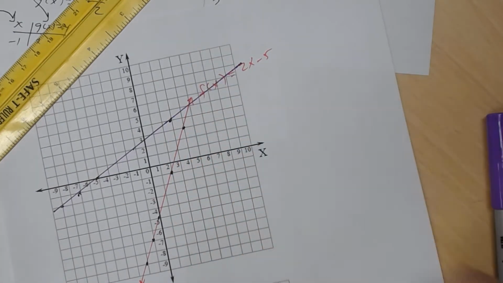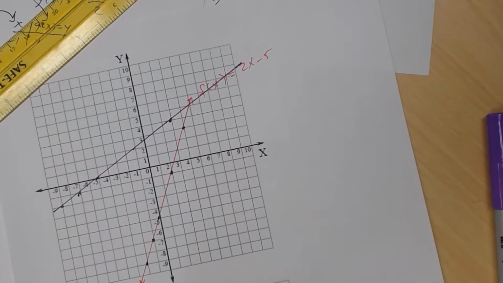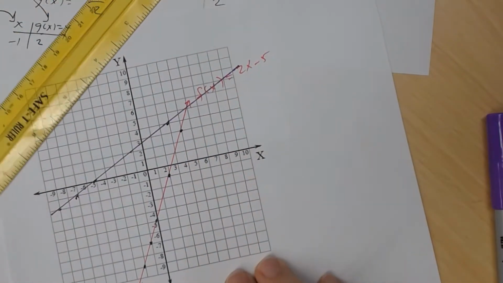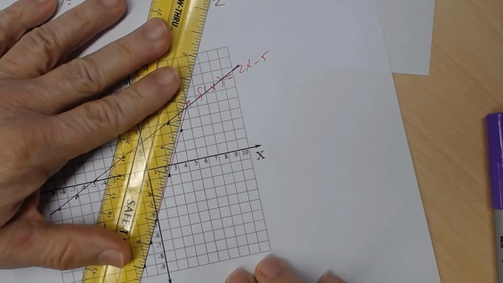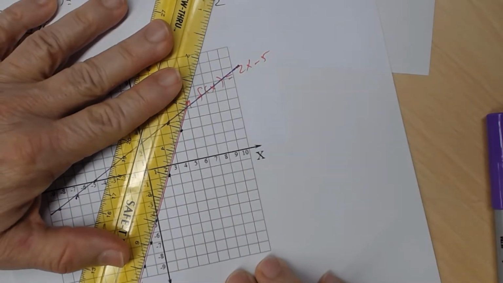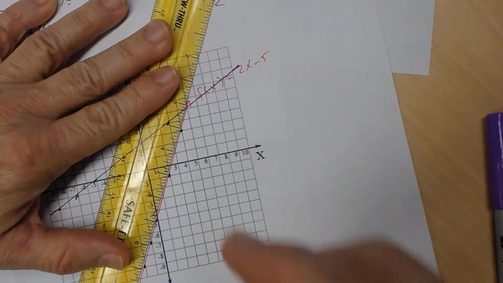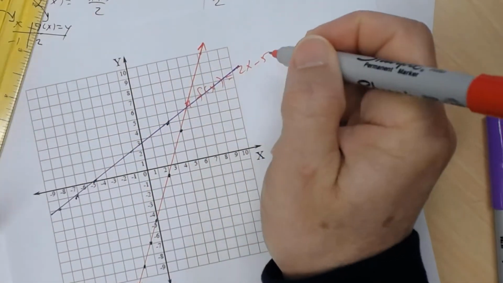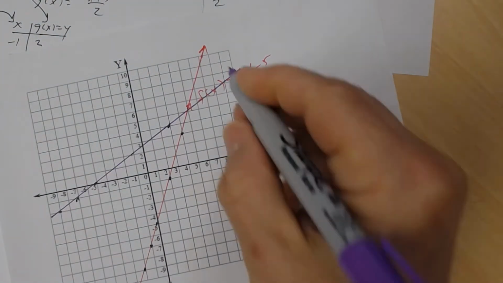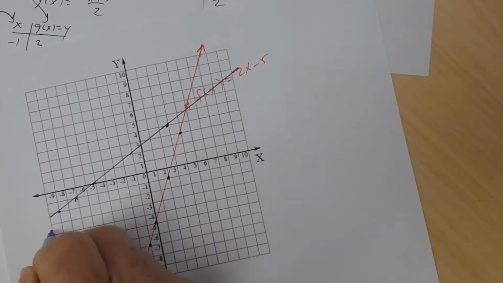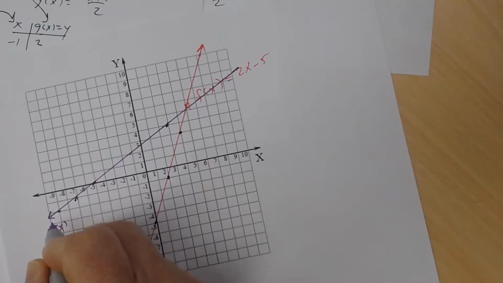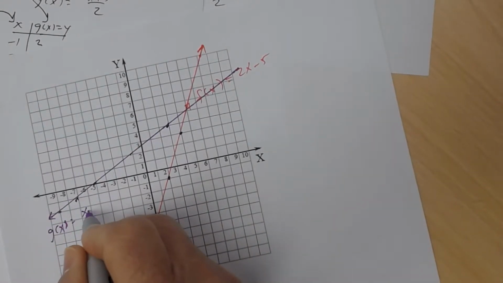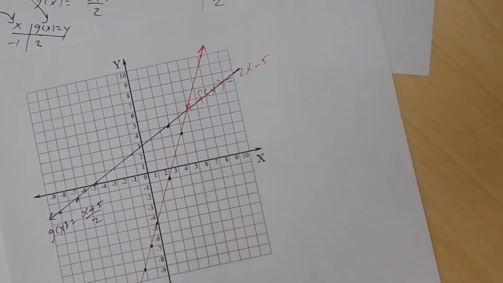I'm going to go ahead and extend the red one again. All right, so remember, this purple one was the function g of x equals x plus 5 divided by 2.